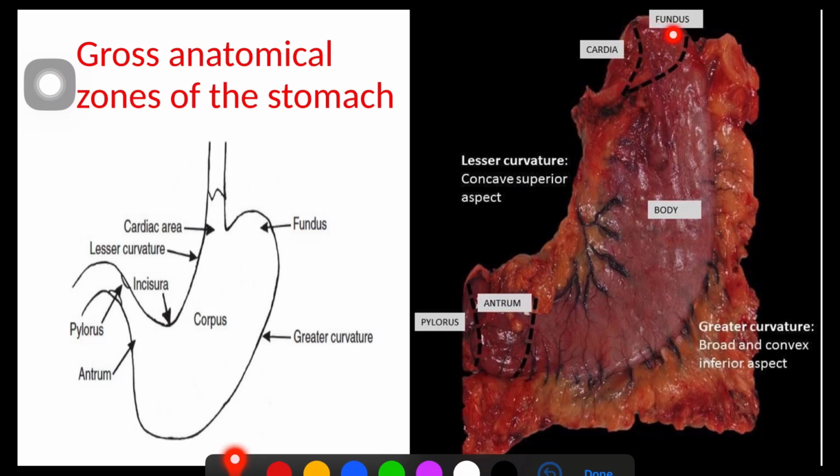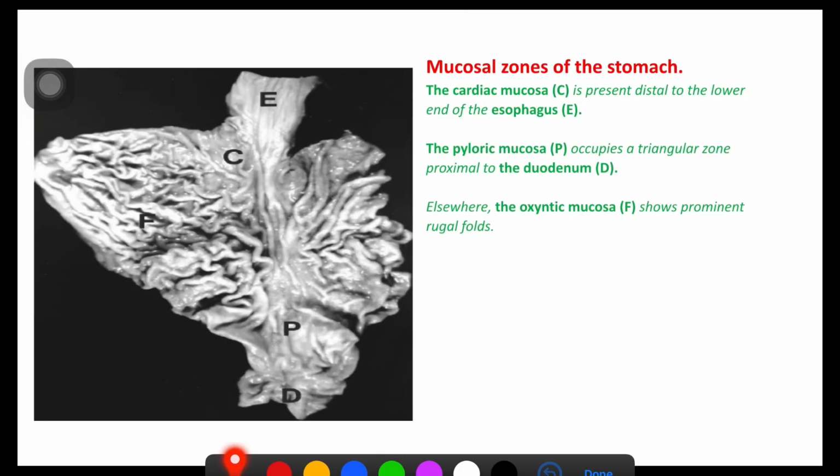This is the fundus, the large body part or corpus, antrum and pylorus. This is the lesser curvature and this is the greater curvature, which is broad and convex, having an inferior aspect.